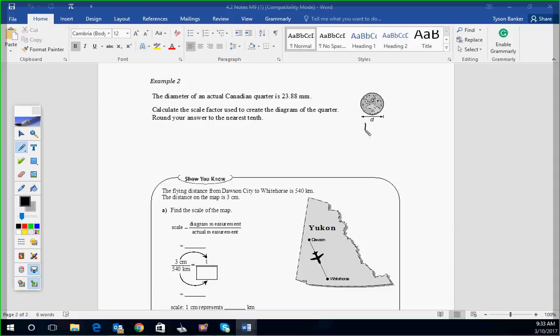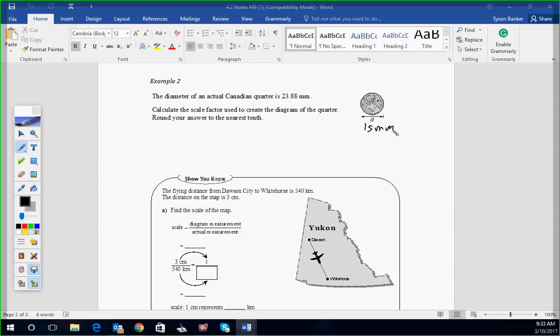So if this is 15, then to figure out the scale factor, this is the important part that's confusing. Would I go 23.88 divided by 15 or 15 divided by 23.88? My second question would be, are we expecting a number bigger than 1 or smaller than 1?